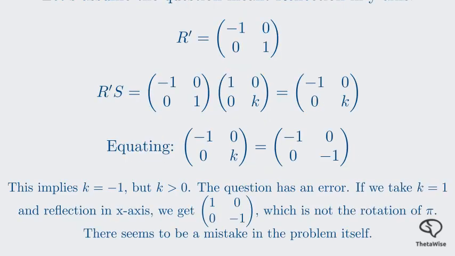Now, when we equate this to the rotation matrix, we find that -1 equals -1 and k equals -1, which means k equals 1 in magnitude. This result makes much more sense. Let's assume this was the intended question, and the answer is k equals 1.